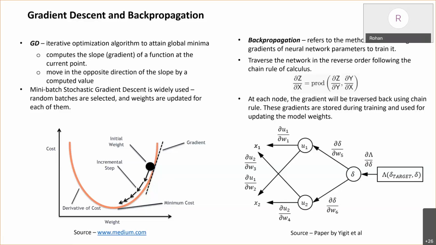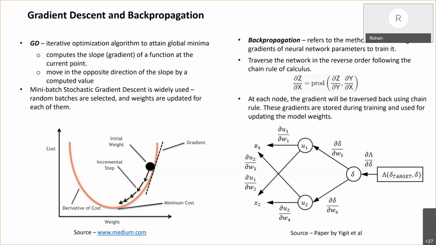There are many optimization algorithms that are readily available in libraries like Keras or PyTorch. But stochastic gradient descent, or mini batch stochastic gradient descent to be very specific, is the most widely used, and it is very easy to understand. And every other algorithm that has been published in papers is based on these concepts, right?